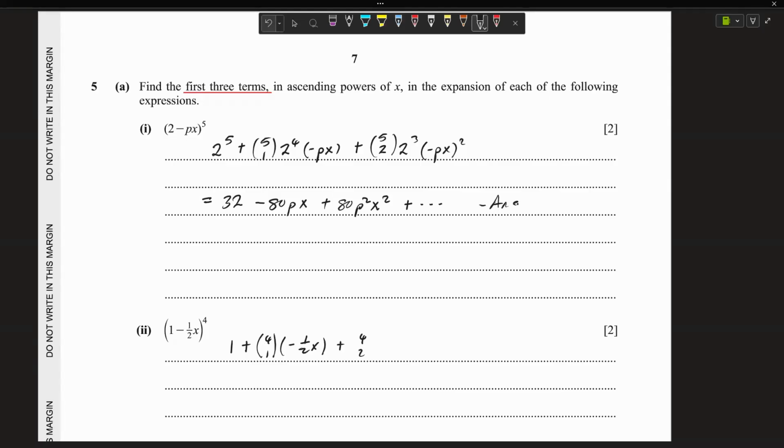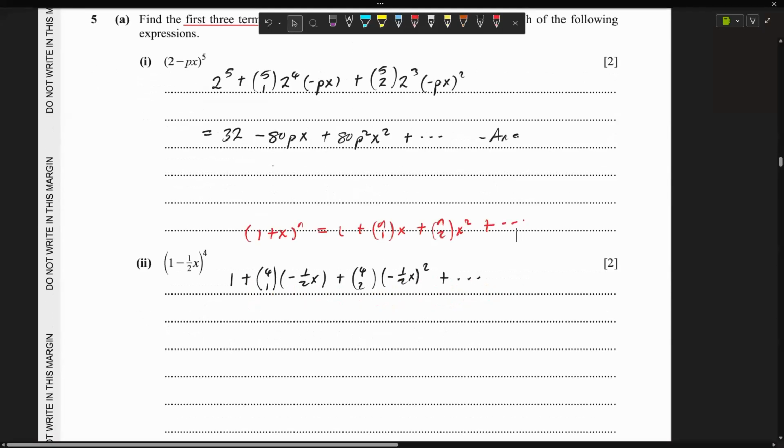Plus 4 choose 2 of negative a half of x squared, and goes on and on. So here I'm using the fact that if you expand 1 plus x to the power of n, you get 1 plus n choose 1 of x plus n choose 2 of x squared and so on. That's what I'm using here.